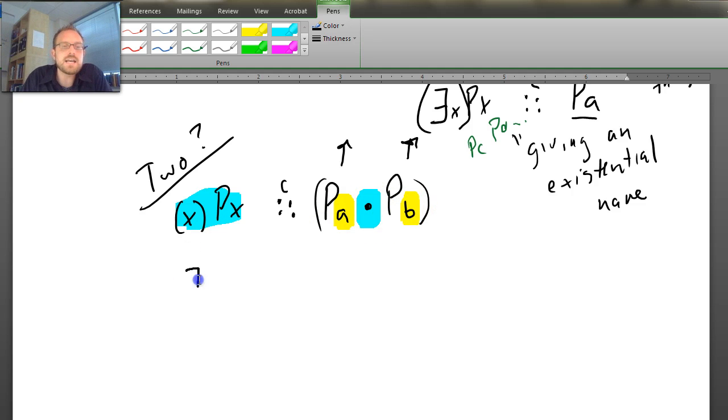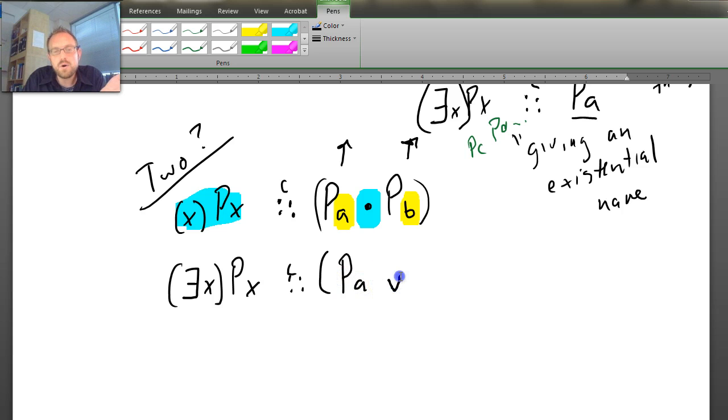But that's not the same as if we use the existential quantifier, because remember, the existential quantifier just says at least this one exists. So what is that statement going to look like for a universe the size of 2? It's going to be PA or PB. Why is that? Because when you say some A or B, you're just saying that at least one of those things exists, and that's all you're saying.